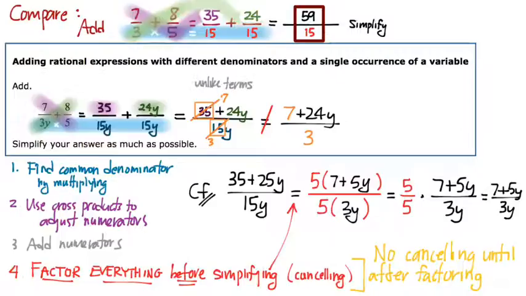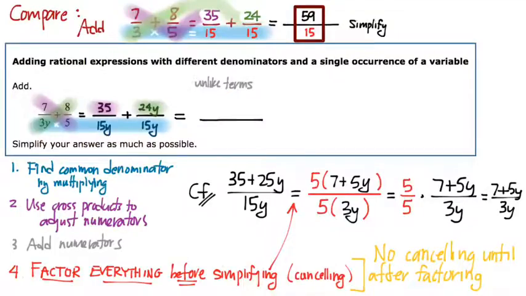But from Modules 7 and 8, we now have a whole arsenal of factoring techniques at our disposal to help us do it, which begins with finding the greatest common factor of the terms, and then looking for the sum and the product game, using the AC method, looking at a difference of squares. All that stuff that we spent our time on in Modules 7 and 8 comes in handy when we're doing this, because it's the only way we know of to reduce a rational expression into its lowest terms.